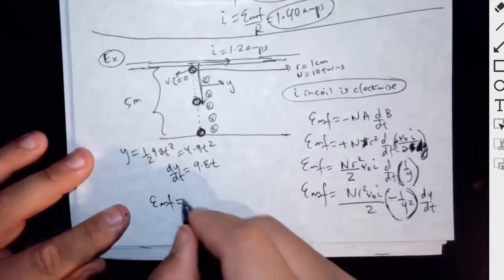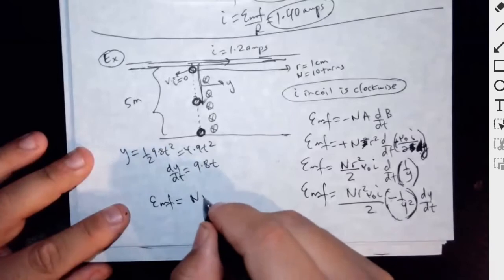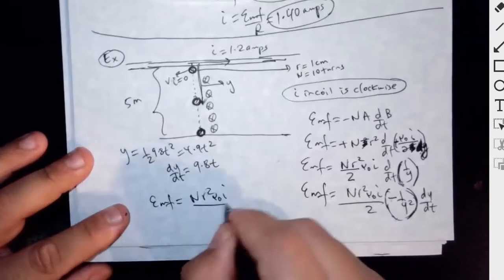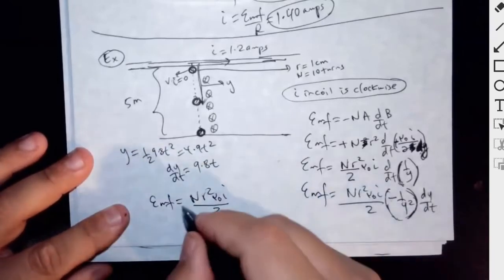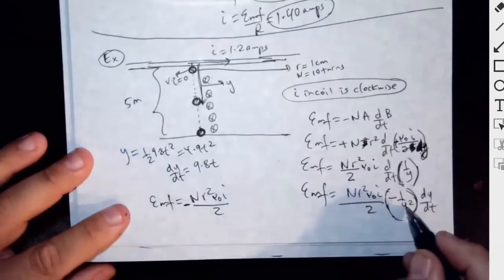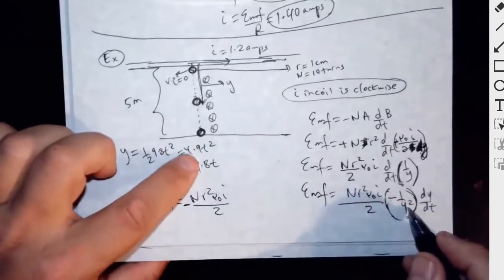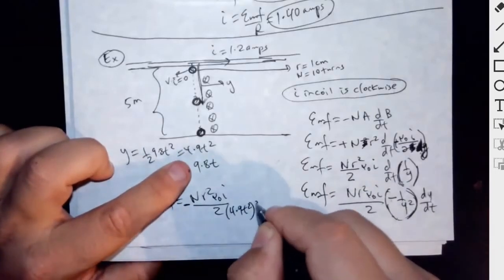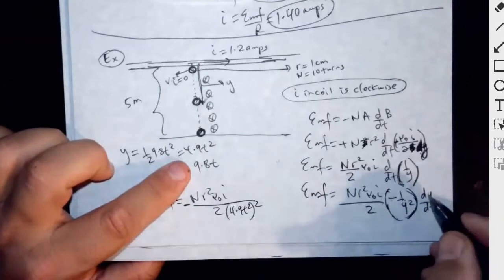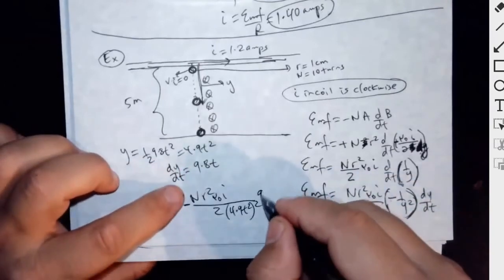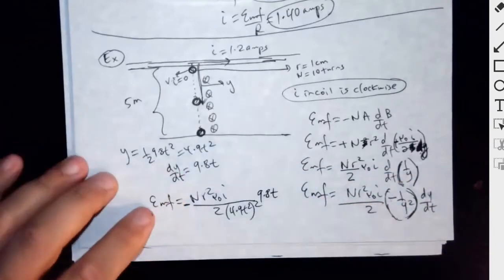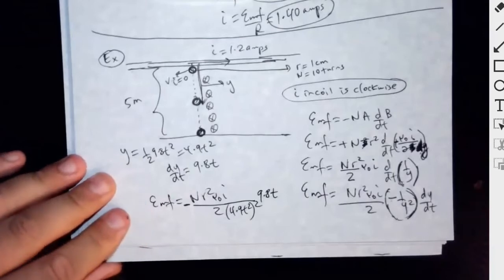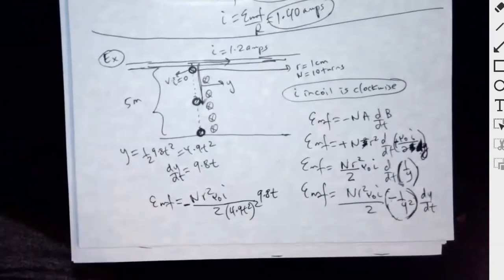EMF is N R squared mu 0 I over 2. Then there's a minus, and then the y is going to be 4.9 t squared, squared, and then dy dt is 9.8 t. Okay, so I have a general equation then that tells me what the EMF is at any instant in time.